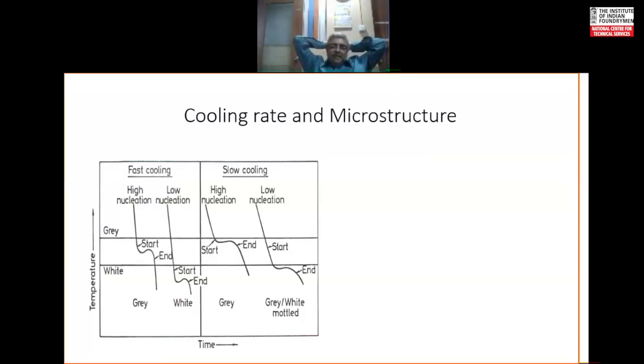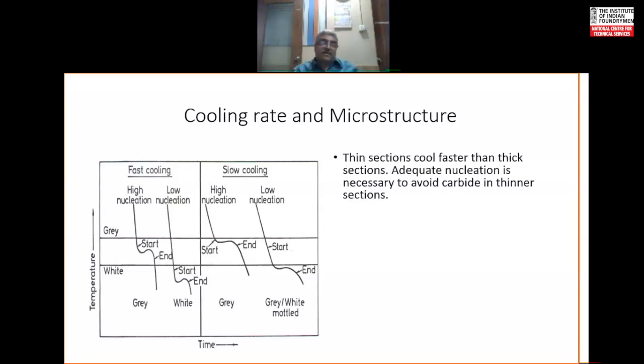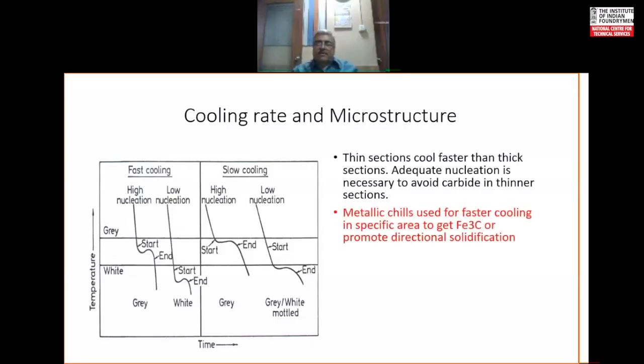It basically shows us the importance of nucleation, both in fast cooling as well as slow cooling bands. And like I said earlier, thin sections cool faster than thick sections. Adequate nucleation is necessary to avoid carbides in thin sections.